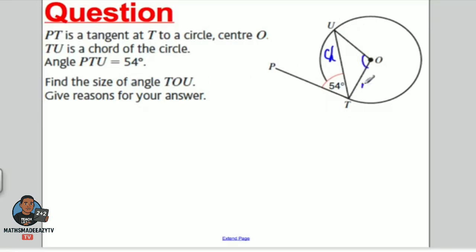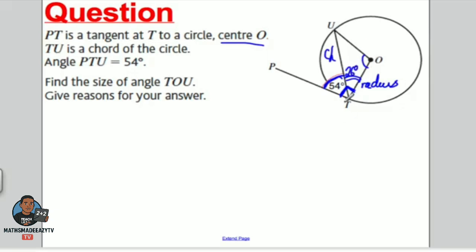TO is obviously the radius because it's a line from the center to the circumference. When a tangent meets a radius, the whole angle is 90 degrees. If that whole angle is 90 degrees and this part is 54, this angle here must be equal to 26 degrees.